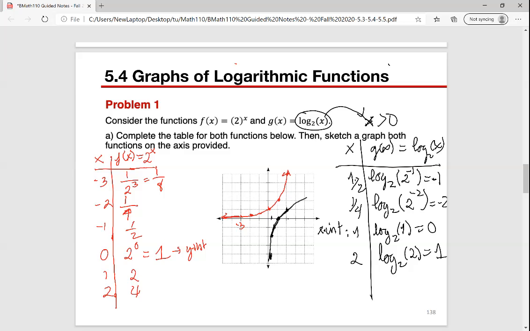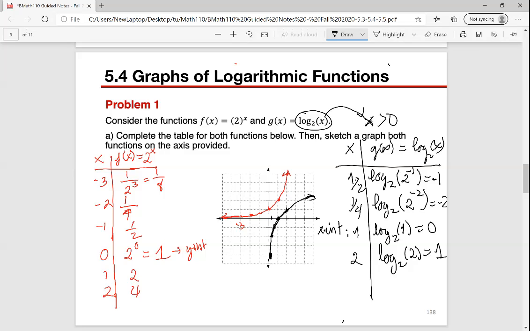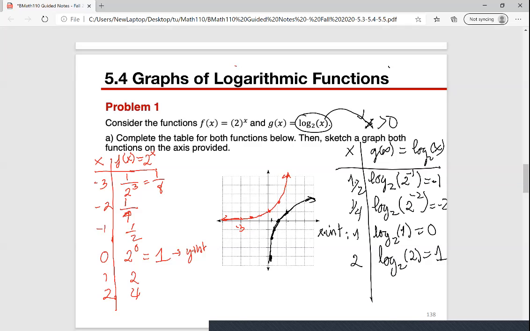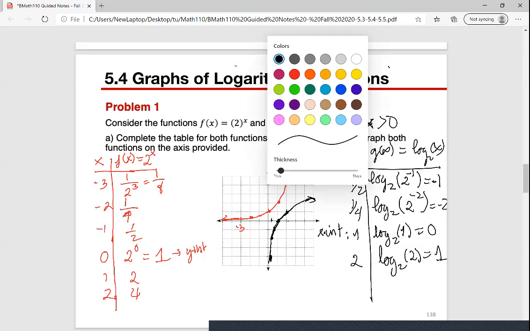And if you want to see, you can notice that it looks like a flip to a line going through the origin. So I will try to draw that line with the blue one.